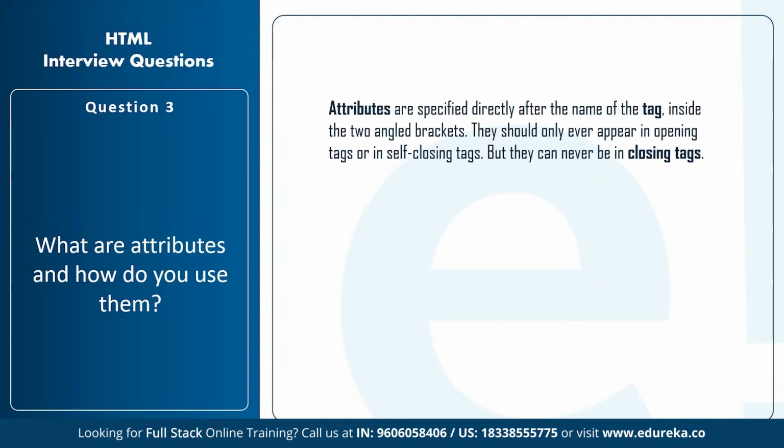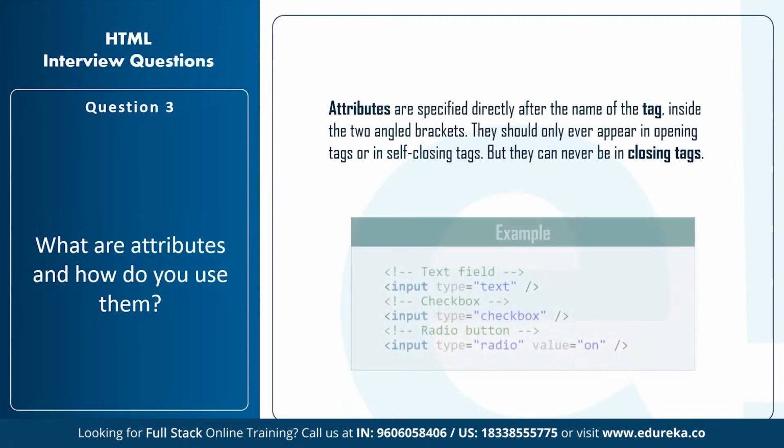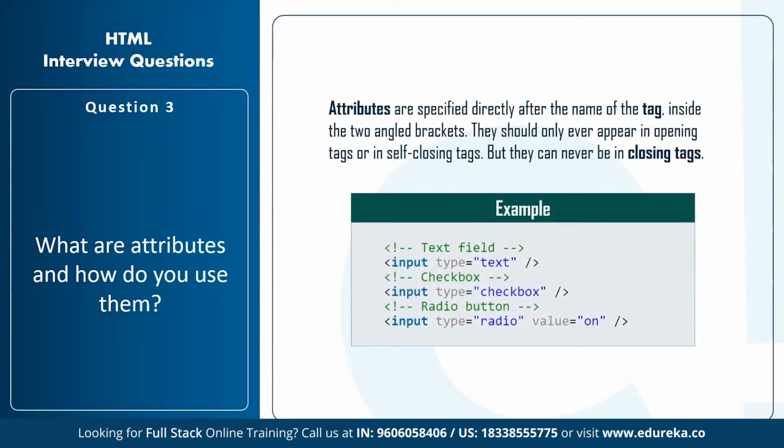Attributes are specified directly after the name of the tag inside the angled brackets. They should only ever appear in opening tags or in self-closing tags, but they can never be in the closing tags.